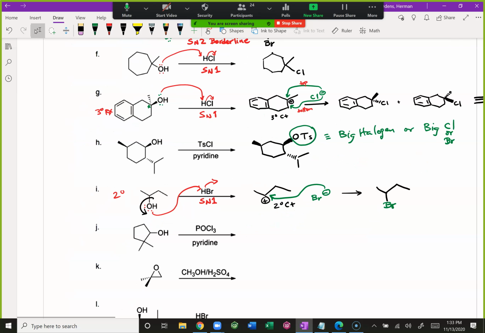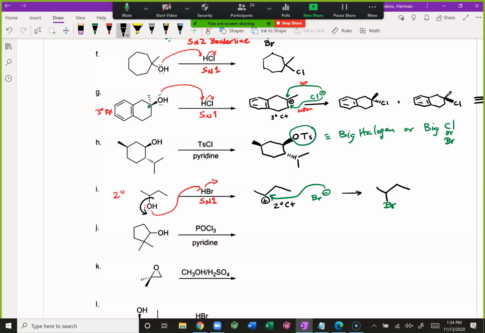All right, so the next one we have is another example of POCl3. Notice that I just keep on repeating examples so that you build that muscle memory. The only thing you had to worry about here, I didn't put the oxygen here as up or down, wedge or dash.